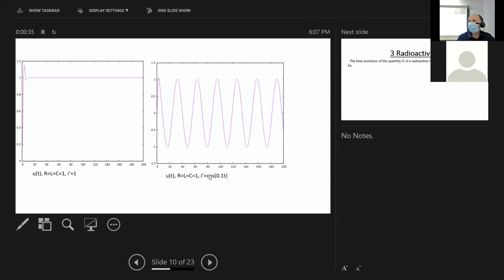In this case, it's not constant, it's a periodic solution, which is more realistic. Usually you have an AC current, which is a periodic current. And we could solve exactly those equations, but this is not the point. Okay, we'll get back to that after.